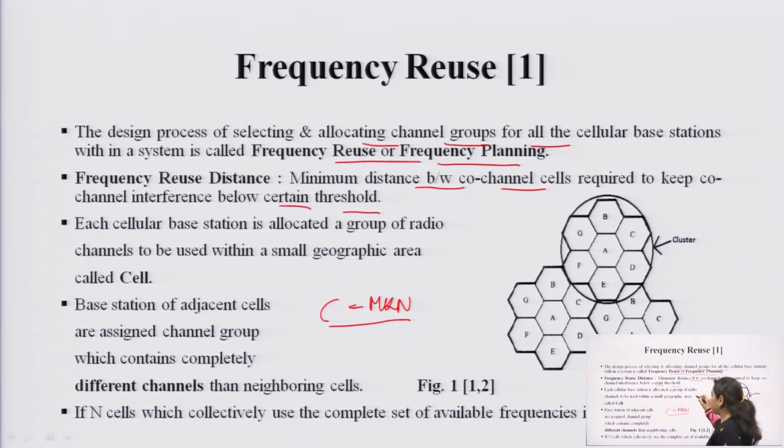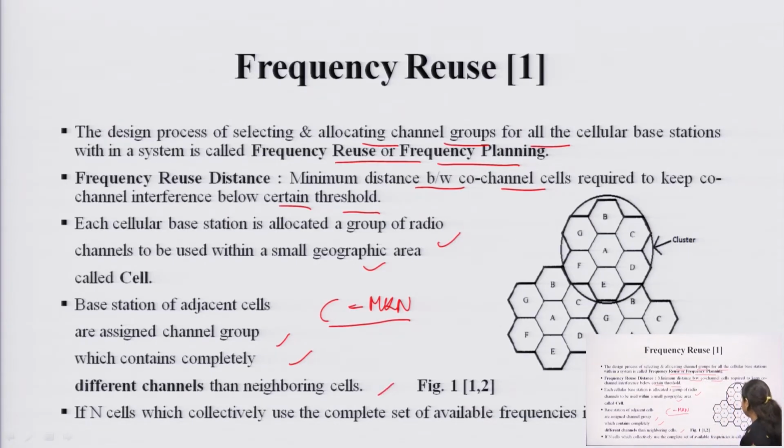Each cellular base station is allocated a group of radio channels to be used within a small geographic area, that is a cell. Base stations of adjacent cells are assigned channel groups containing completely different channels than the neighboring cell.